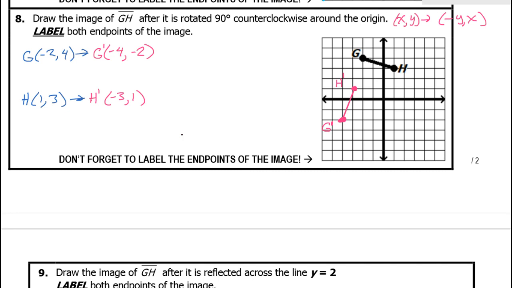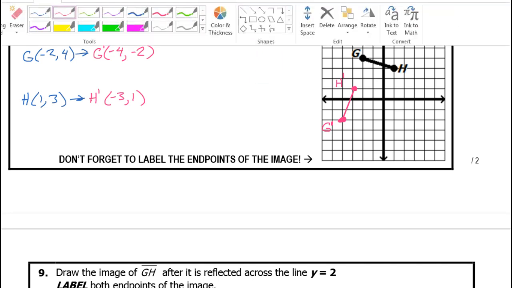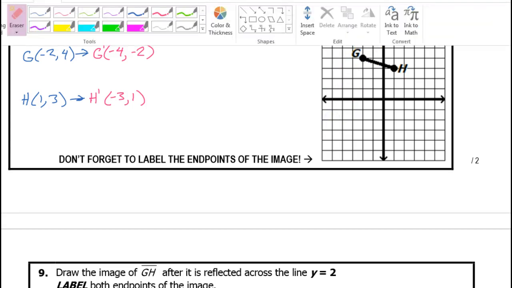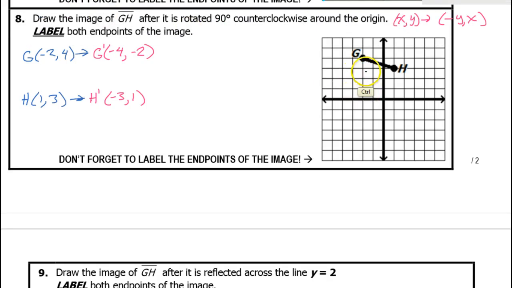Now, if you want to do it graphically, here's what you would do. You draw a path from the center of rotation to the point that you want to rotate, and then you rotate the path. So the center is (0, 0).